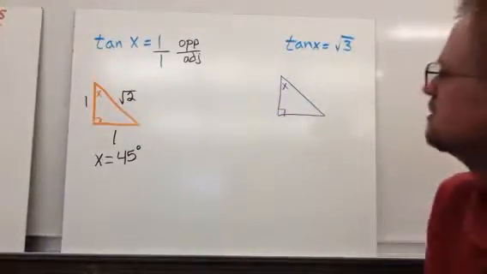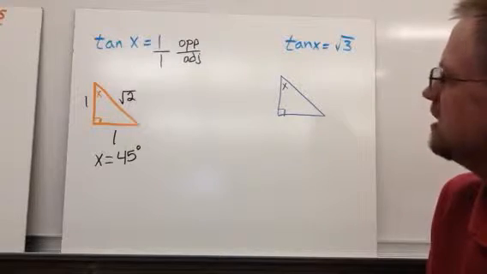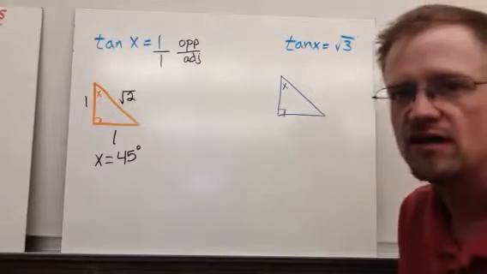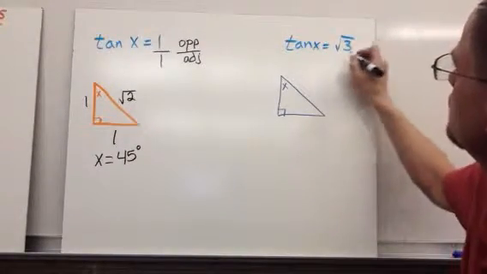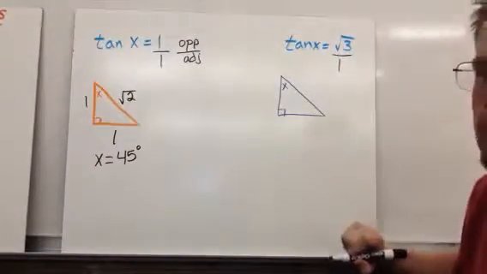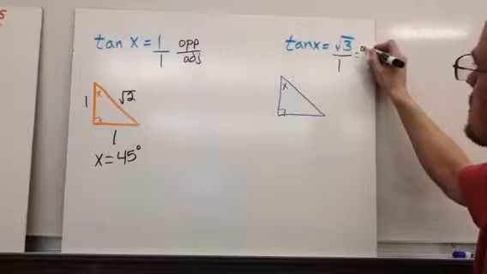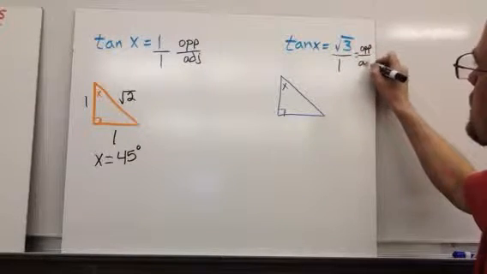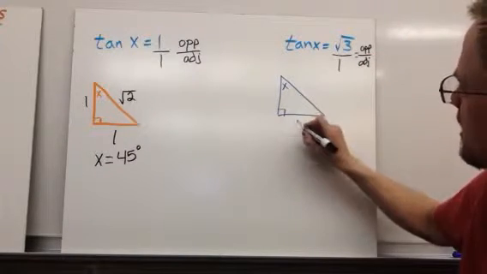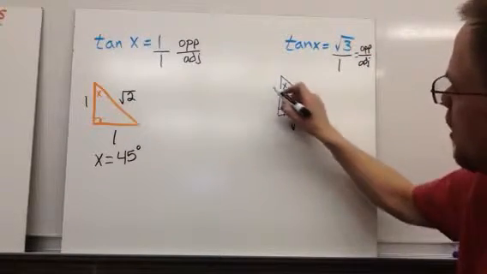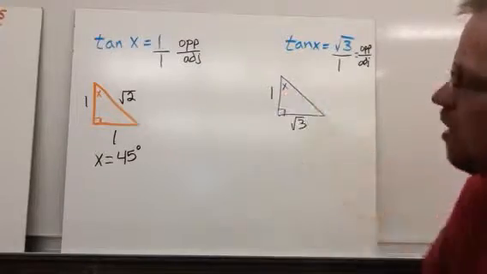The tangent of x is the square root of 3. This is a fraction, square root of 3 over 1. Tangent is opposite over adjacent, so our opposite side of x is square root of 3 and our adjacent side is 1.